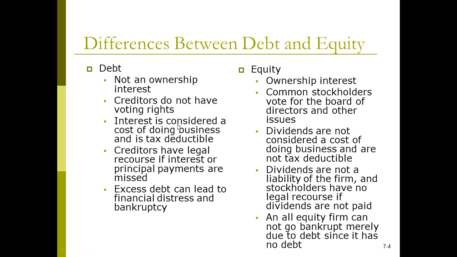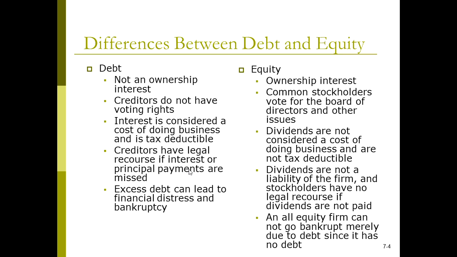Interest is considered a cost of doing business and is tax deductible, meaning the coupon payment a company pays is considered an expense and can be deducted from the gross profits. Creditors have legal recourse if interest or principal payments are missed.